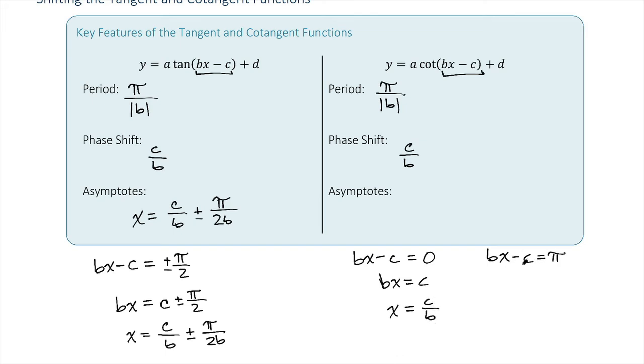And then here, bx minus c equals pi, so if we add c, we get bx equals c plus pi, and then divide by b, and we get x equals c over b plus pi over b.